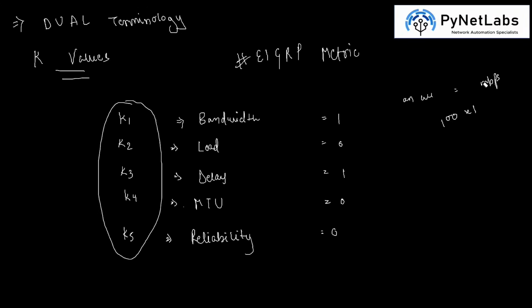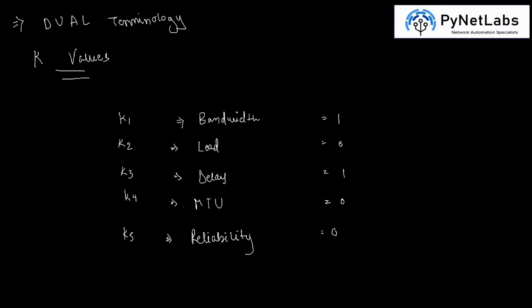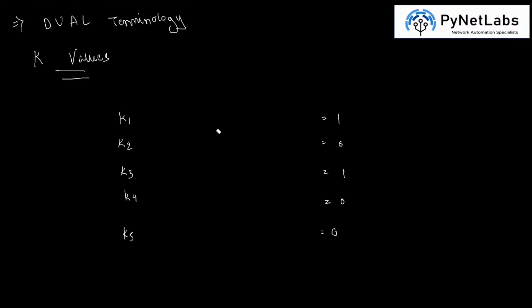Okay, now the formula looks like, oh, let me just erase all of this. I'll write it again if you want, but for that let's make space for the formula.